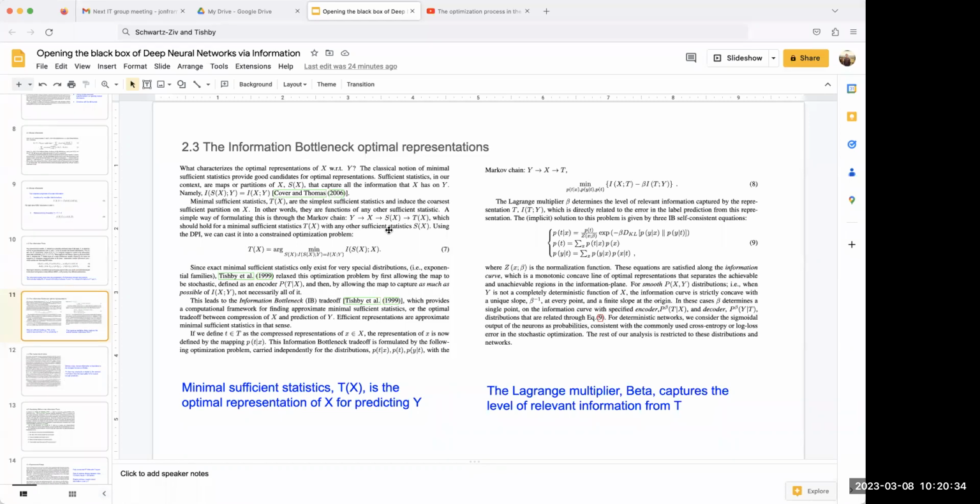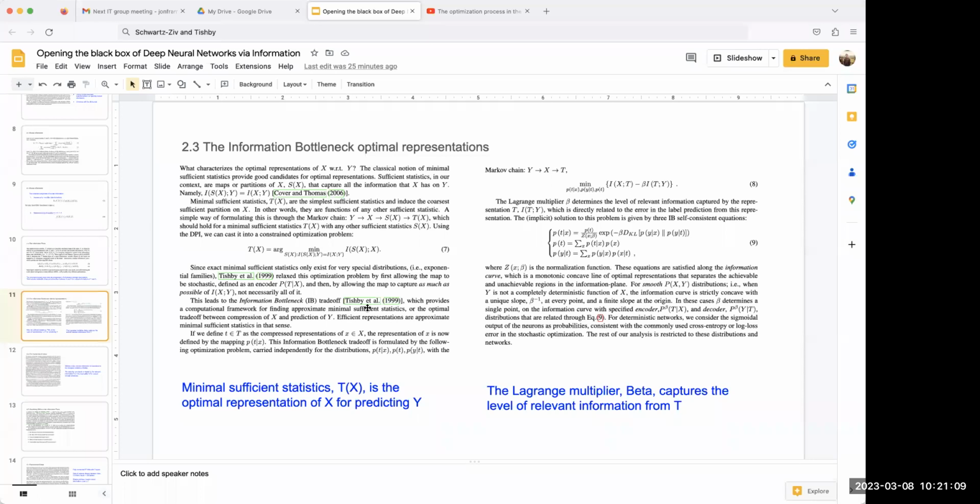So I think there's just one more slide of background on the information perspective of their experiment, which expresses T as the minimally sufficient statistics on the input data X. So one of the points of the information bottleneck and one of the points of attempting to compress the input data is that there's some sufficient statistics to represent the input data themselves.